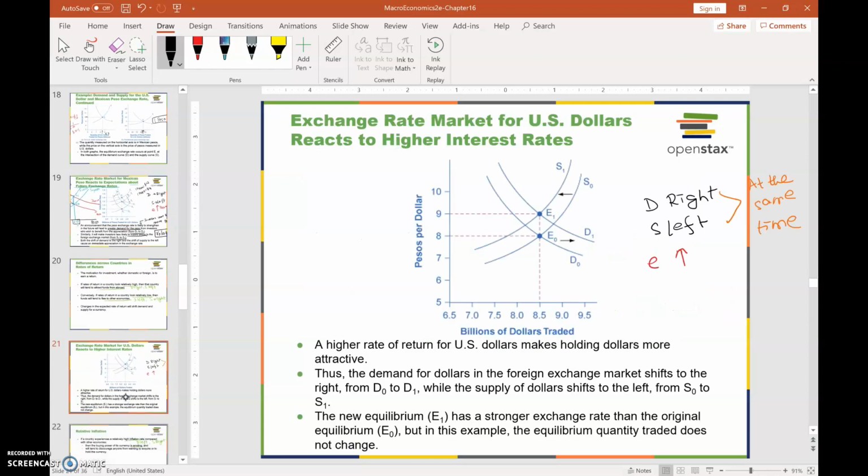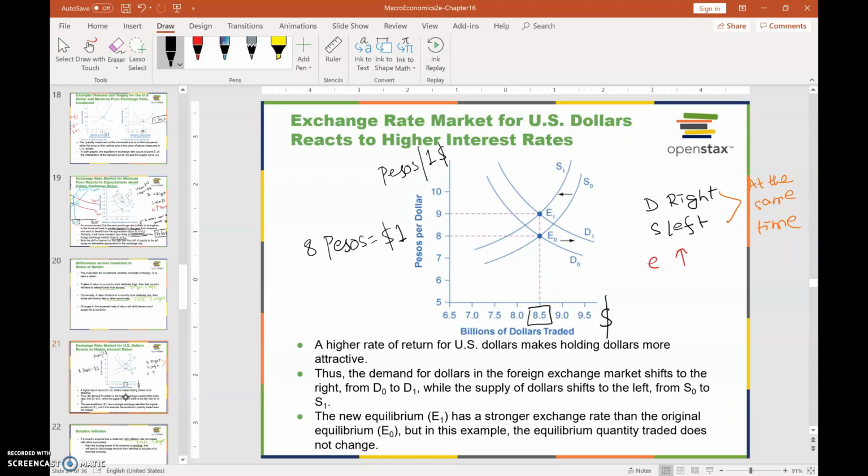In this example, I have quantity of dollars on the horizontal axis and pesos per dollar, the exchange rate, on the vertical axis. Initially, the exchange rate is 8 pesos equal to $1. The demand and supply curves intersect at E0, and the quantity of dollars traded in the foreign exchange market is 8.5 billion.